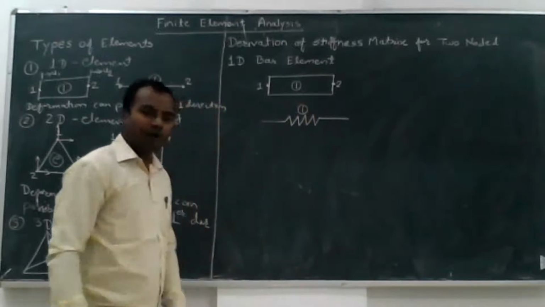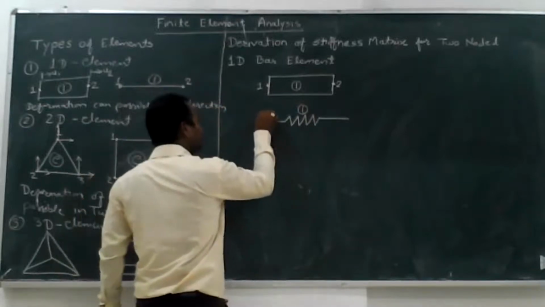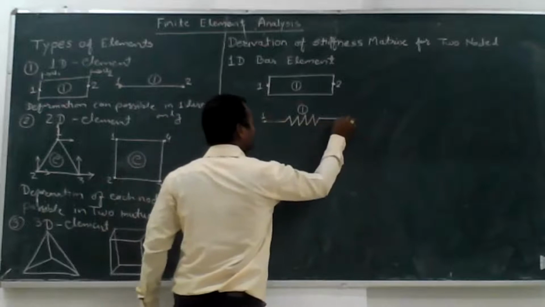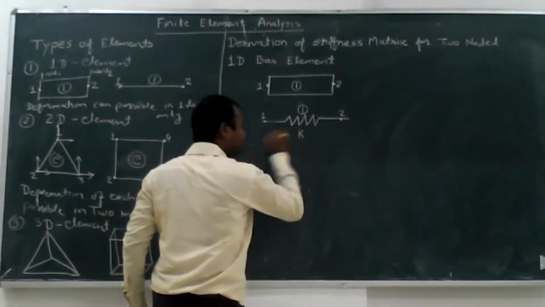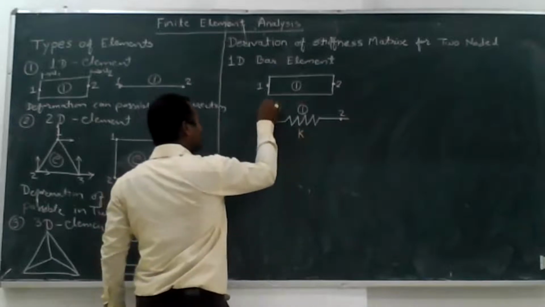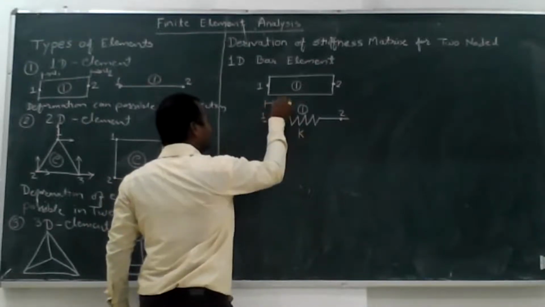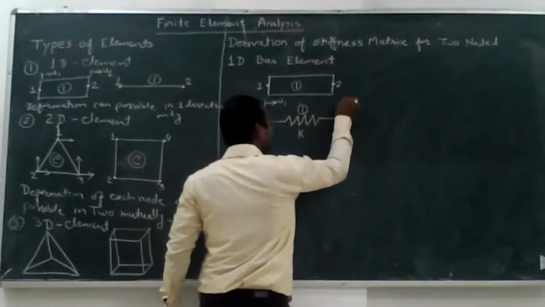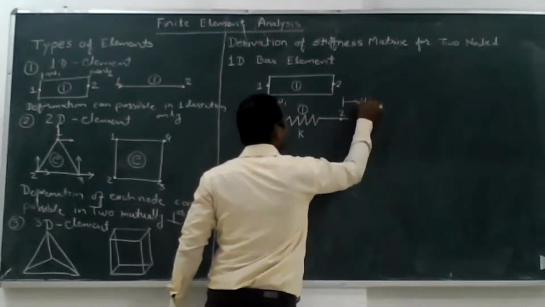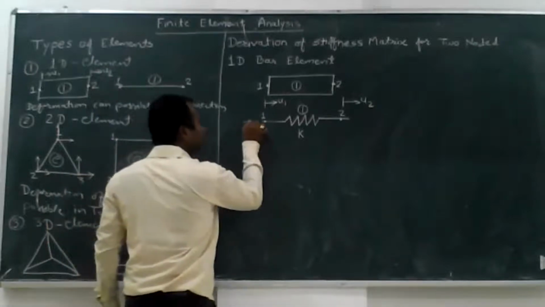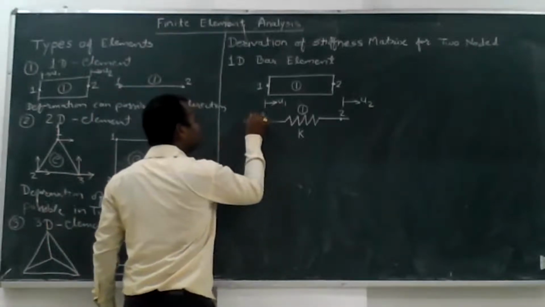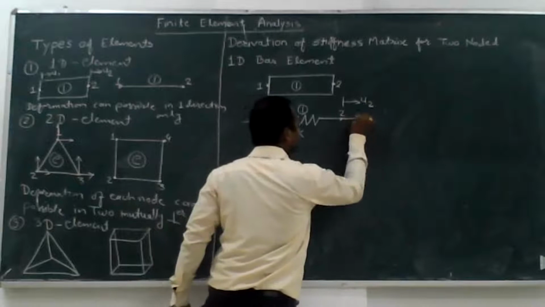This is element number 1 having the nodes 1 and 2. The spring has the stiffness K, the deformation of node 1 is U1, and the deformation of node 2 is U2. The force applied over node 1 will be F1, and the force applied over node 2 will be F2.